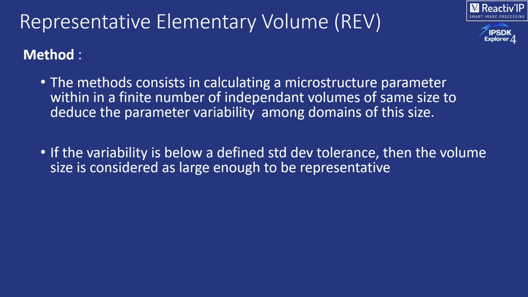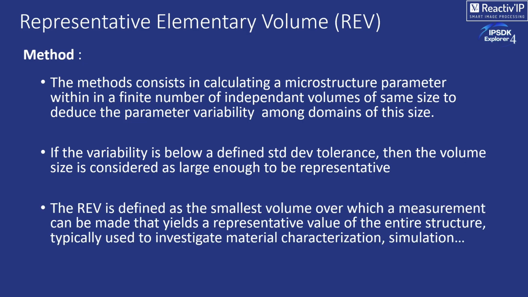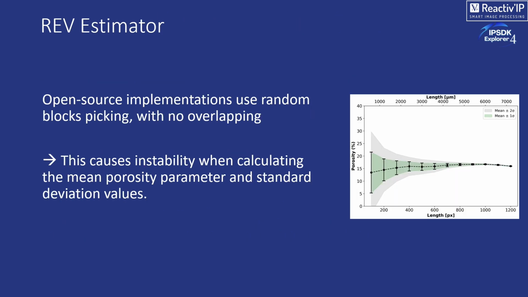And if the variability is below this tolerance, then you arrive at the volume size that is considered large enough to be representative. So, in more classical words, the smallest volume over which your measurement will be compliant with your tolerance and which will permit you to investigate material characterization or prepare some type of simulation later on.